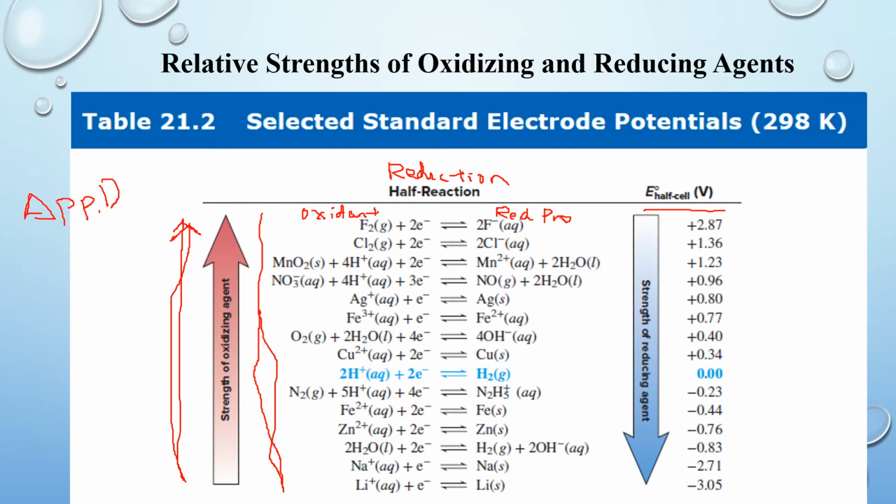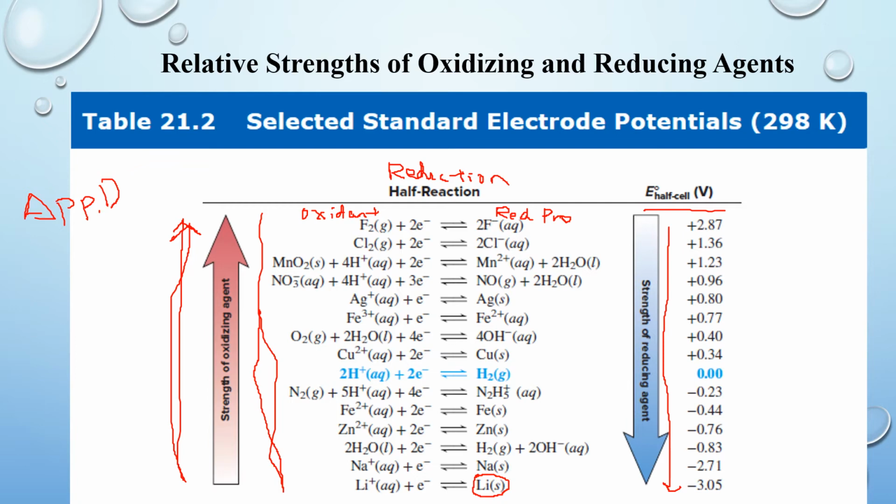On the other hand, the reduction products are basically the reductants. Because they are the reduction products, they are the reductants. So the more negative the standard half cell potential is, the stronger the reducing agent. We know lithium is the most active metal, so this is the strongest reductant.